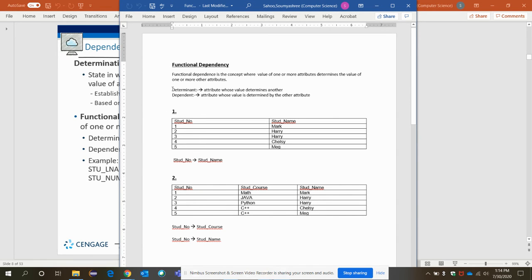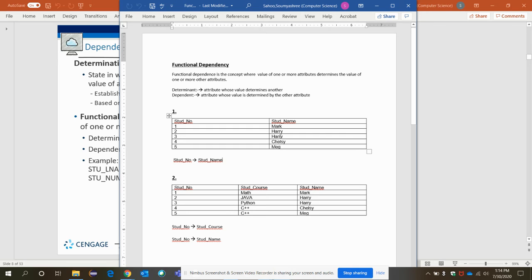I just explained the concepts. Let's take this table here, with student number and student name. All the student numbers have unique values, but some of the student names are repeated. Does the student name have the capability of distinguishing or identifying each record of this table? The answer is no, because there are some repeated values.